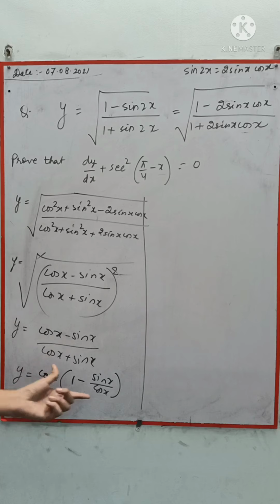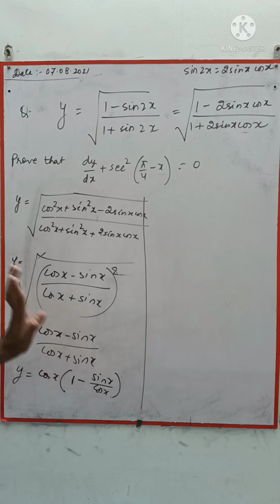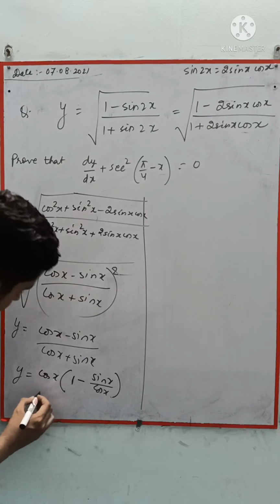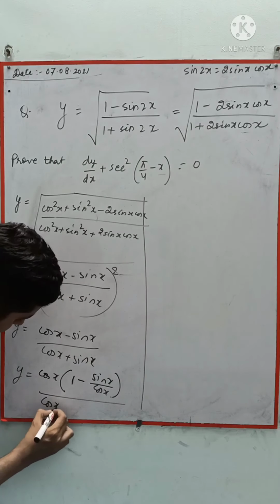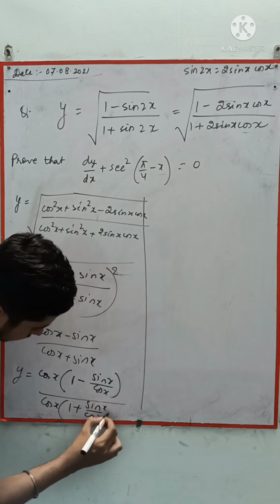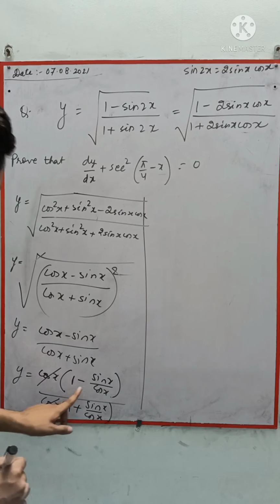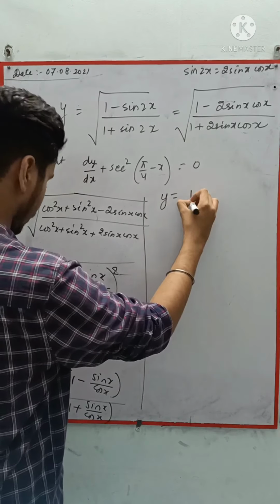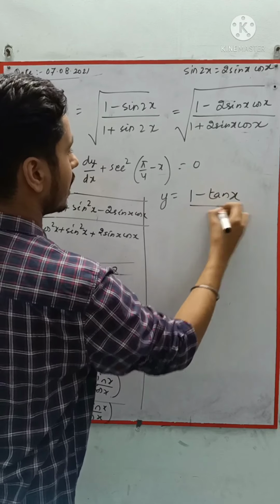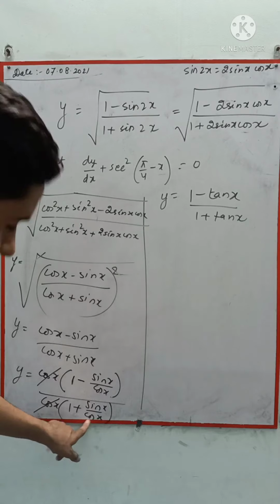If you want to understand this, multiply cos x inside. So cos x into sin x upon cos x, cos with the cos cancel, you will get the sin x. In this also you take cos x common. So 1 plus sin x upon cos x. This cos x and this cos x is cancelled. You are left with y is equal to 1 minus tan x upon 1 plus tan x. Sin x upon cos x is tan x.